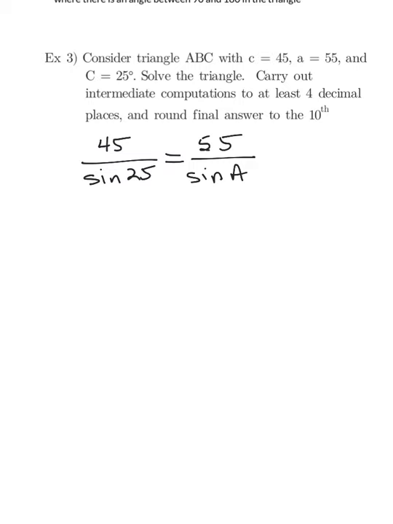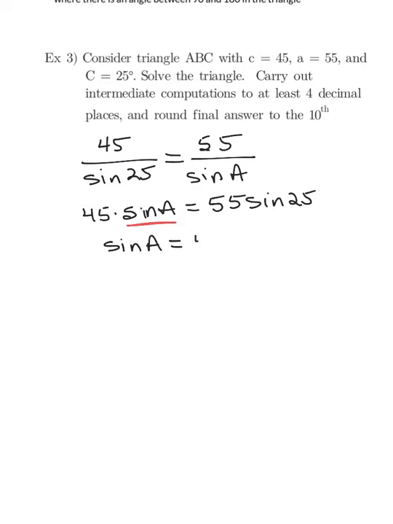In this case, we will have 45 times the sine of angle A equals 55 times the sine of 25. Our variable is angle A, so we need to get that by itself. We're going to divide both sides by 45, so we have the sine of angle A equals 55 times the sine of 25 over 45.